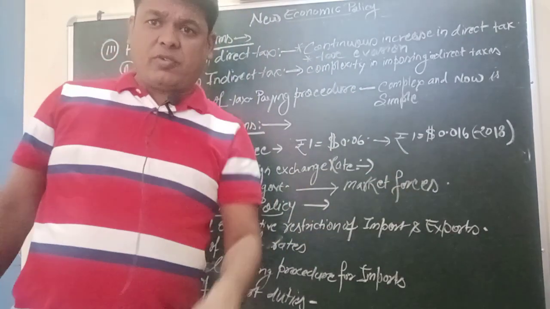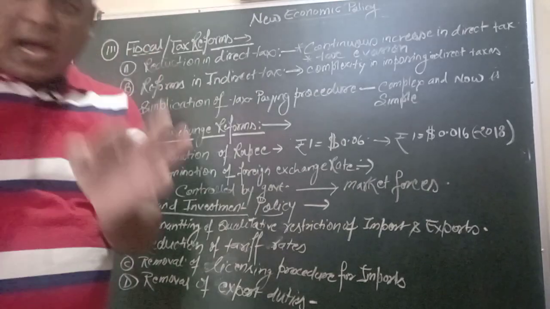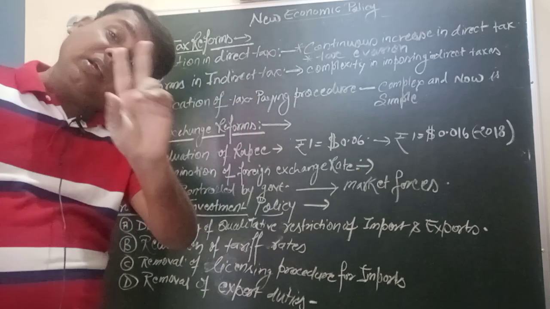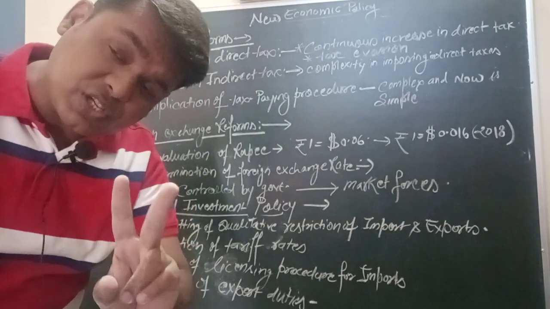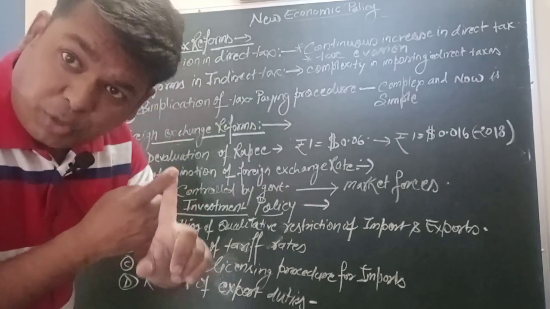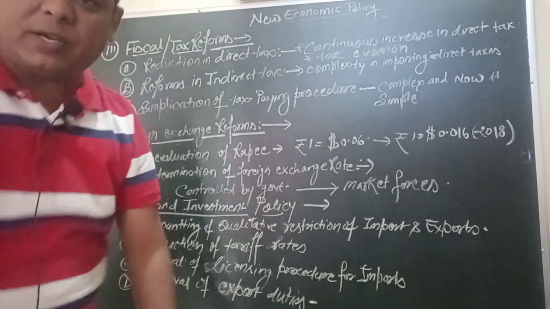Let me give an example. First is the excise duty. Prior to 1991, there were two types of excise duties: one charged by the state government and the other charged by the central government.